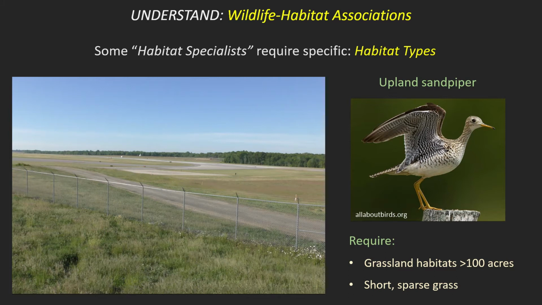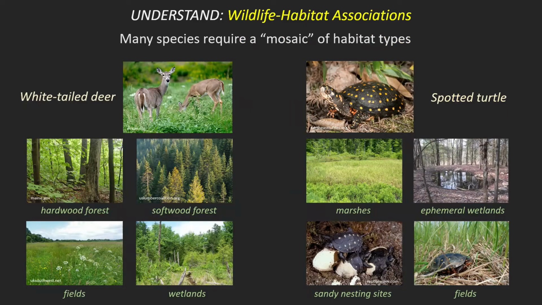Since such habitats are very uncommon in most of New England, this species is very uncommon in most of New England. Upland sandpipers are an extreme example of why the space aspect of habitat is important for some species that only occur in very large blocks of a particular habitat.